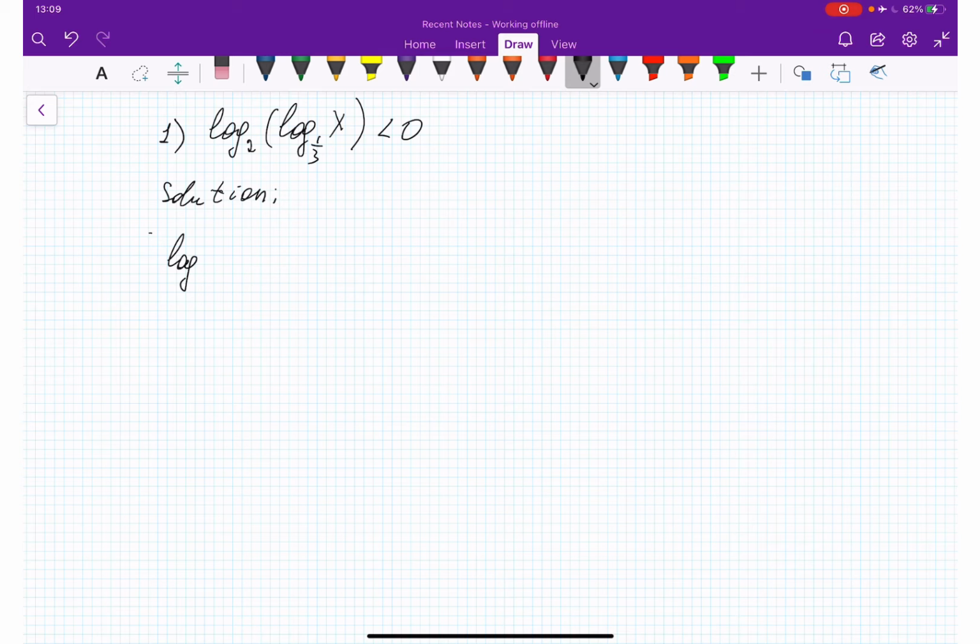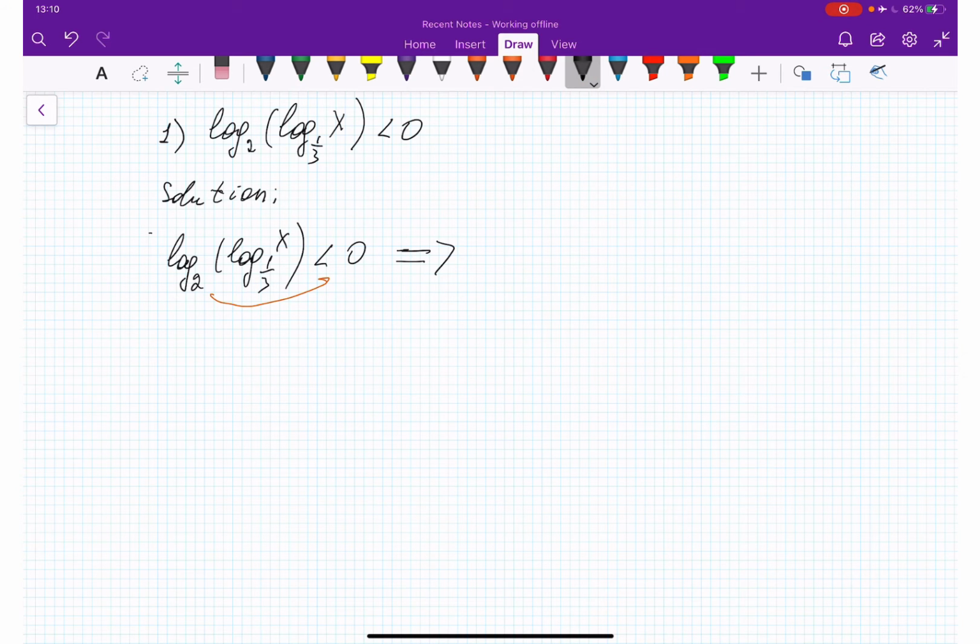Logarithm by base 2, logarithm x by base 1/3 less than 0. So from here I can say that 2 to power 0 is equal 1, right?